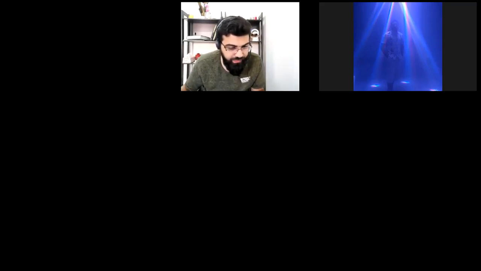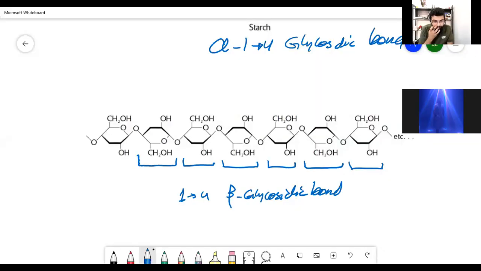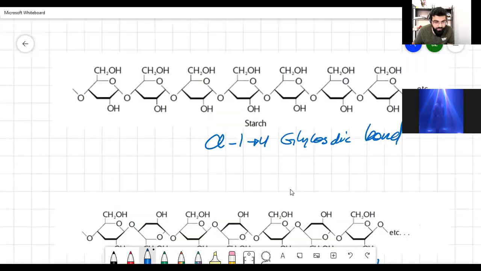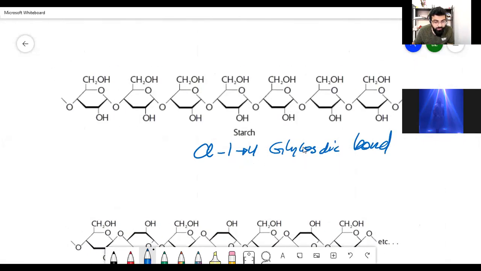So as we said, this is the chain of beta 1 to 4 glycosidic bonds. And by the way, the alpha 1 to 4 glycosidic bond or alpha chain, this is the starch.